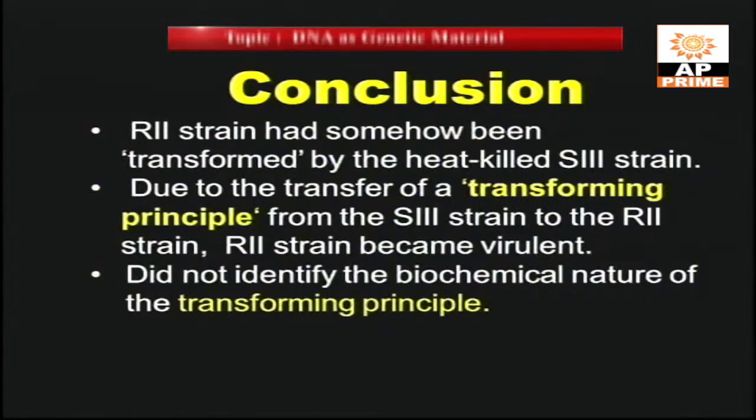From the results, Griffith concluded that there was something that was transferred from heat killed bacterium into R2 cells which helped them to synthesize a smooth polysaccharide capsule and become virulent. This was called bacterial transformation by Griffith. That means one bacterium was changed into another bacterium.